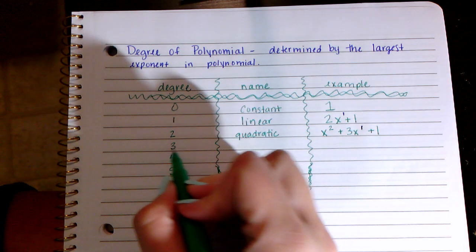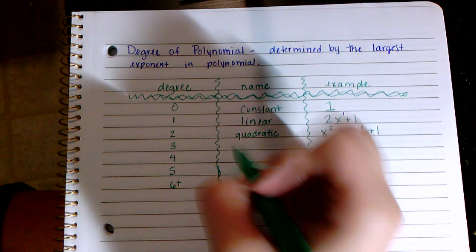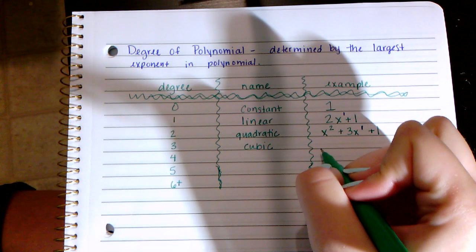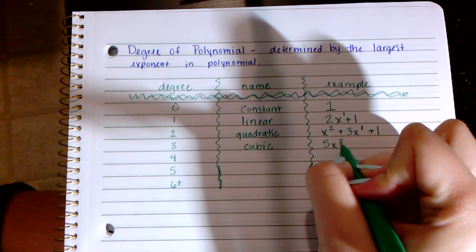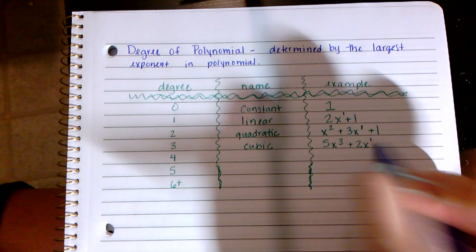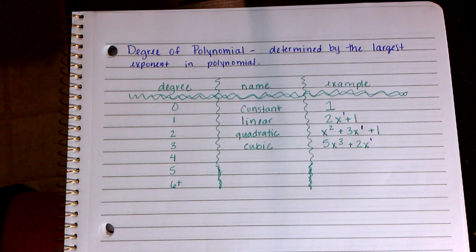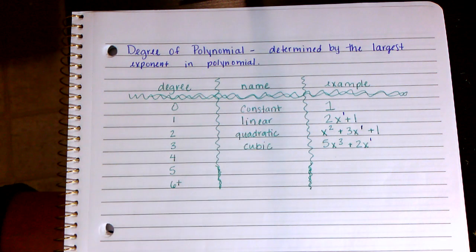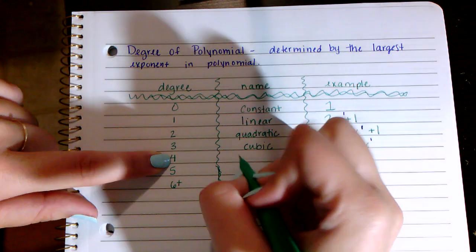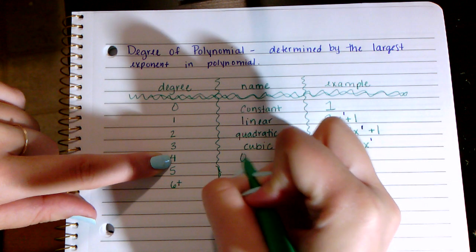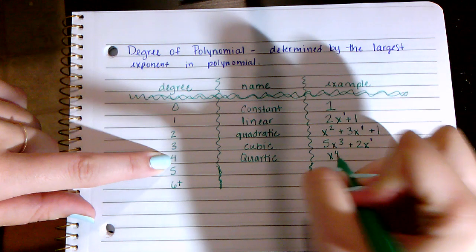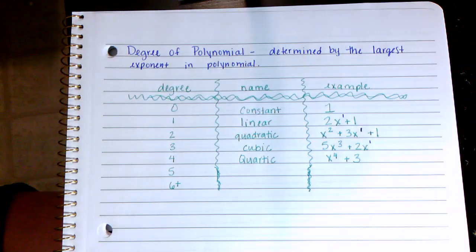So if something is to the degree of 2, or it's squared, that would be quadratic. If something is to the 3rd degree, that's called cubic. And here's an example, 5x to the third plus 2x. Again, if you want to put to the first power, you can. That highest exponent is 3, so that's a cubic function. If the highest exponent is 4, that is a quartic. So x to the fourth plus 3.